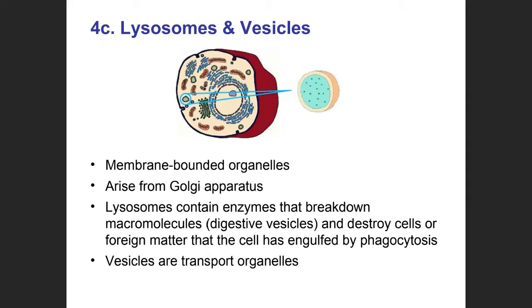They are coming out from the Golgi. Lysosomes are hydrolytic, acidic, because they contain enzymes, digestive vesicles. They contain enzymes that break down macromolecules, and they also play a role not only to transport but also to protect the cell against any microbial agent, and this is by phagocytosis.